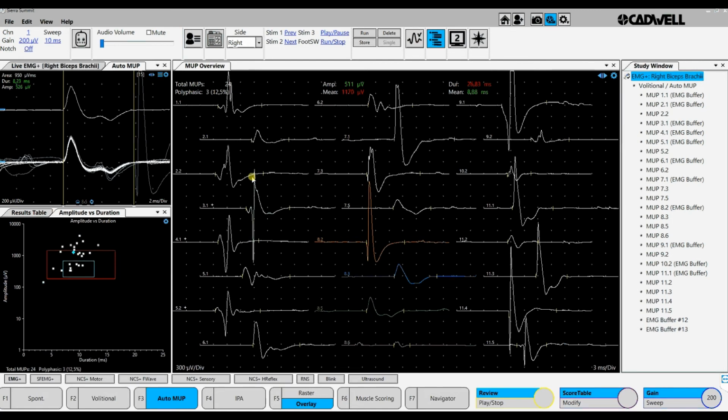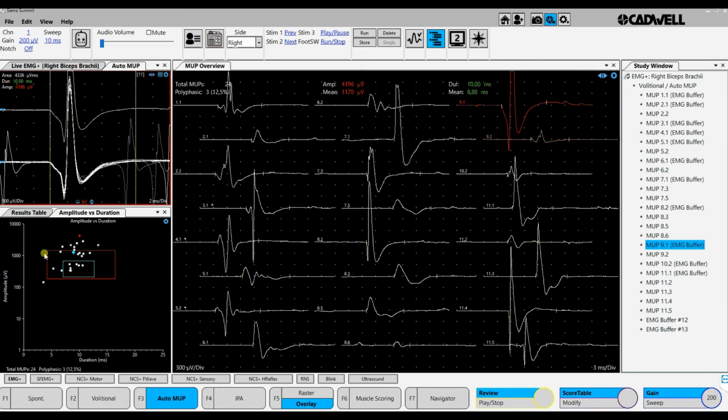accepted signals, and we can see the plot to the left here with duration on the x-axis and amplitude on the y-axis. And when I want to inspect a given motor unit potential, for example this one, I press on this one, and it turns up here with colors.